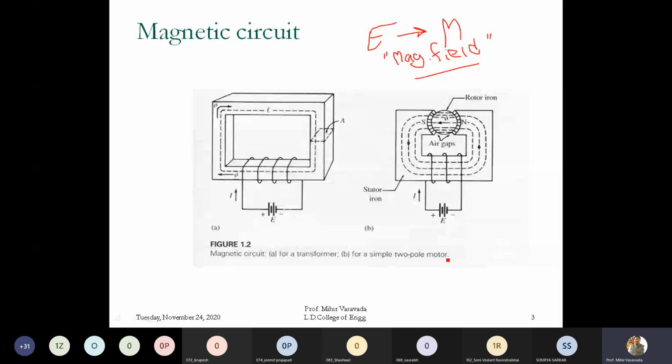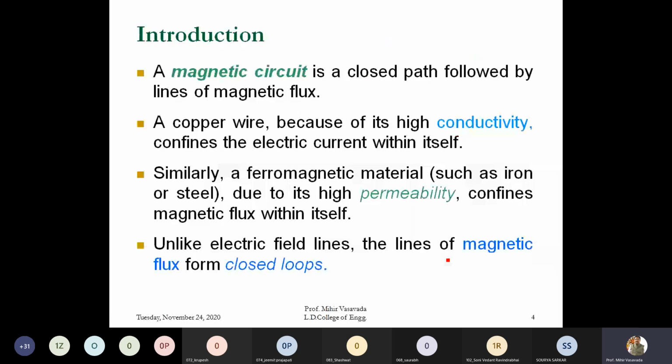So a magnetic circuit, you can tell, is a closed path which is followed by lines of magnetic flux. It is one kind of low opposition path to the magnetic flux where the lines of flux will follow, right?